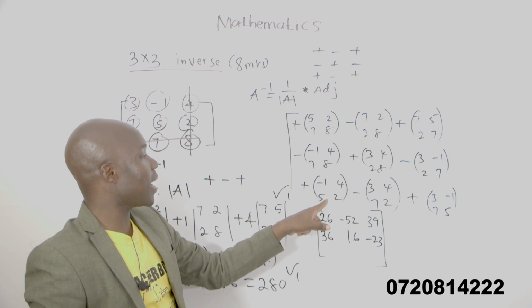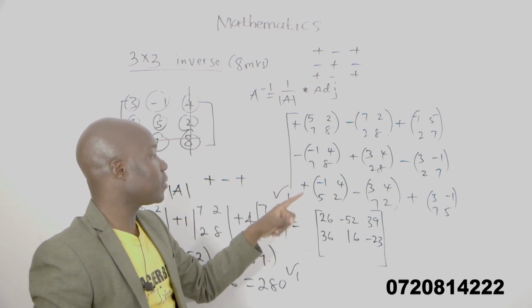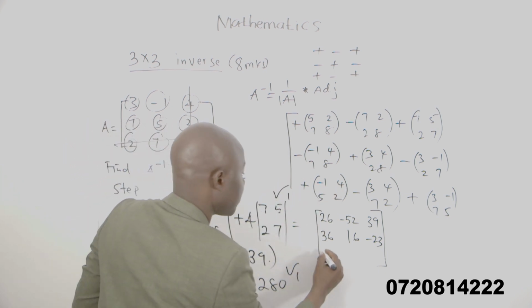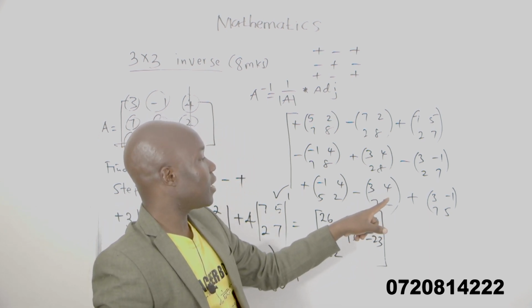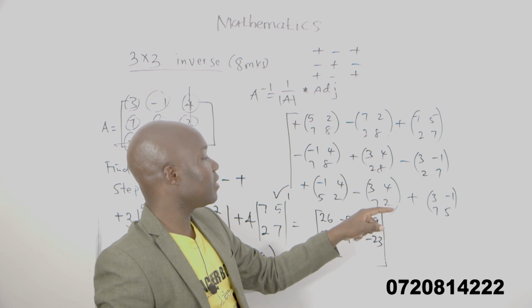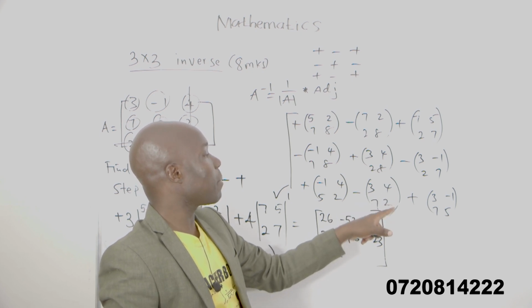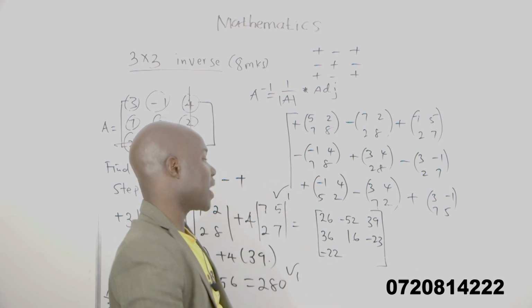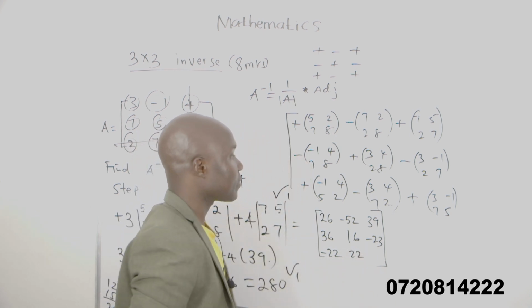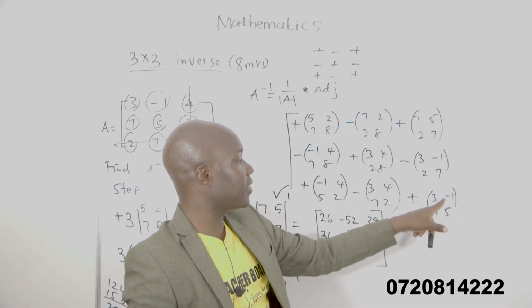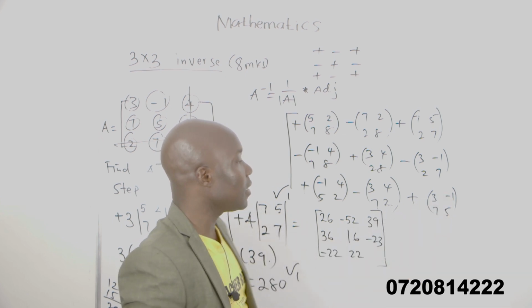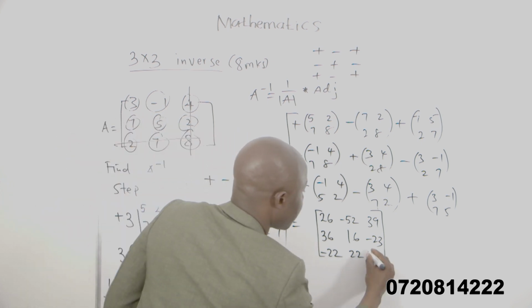Then negative 2 minus 20 is minus 22, because it was a positive. 6 minus 28 is minus 22. But minus 22 having a negative, now it becomes a plus 22. 15 minus minus 7, because these are negative. So 15 minus minus 7 is 15 plus 7, which is 22.